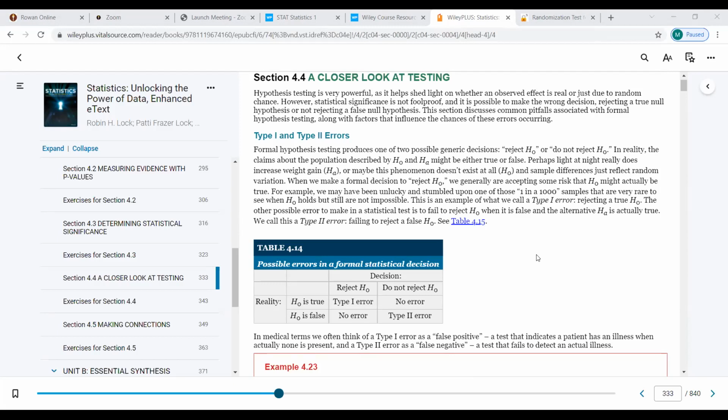Now, there's a possibility that when the evidence is presented and you reject the null hypothesis that the person is not guilty or innocent, and you convict them, it is possible the person's innocent, right? We've heard of cases like that.